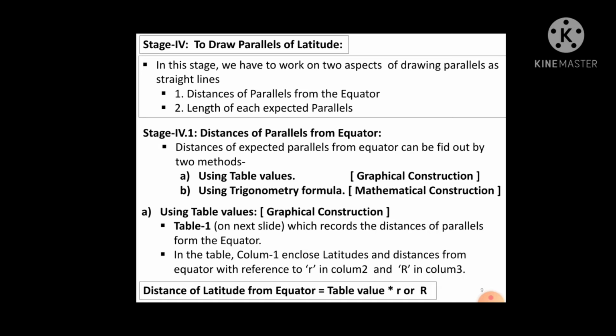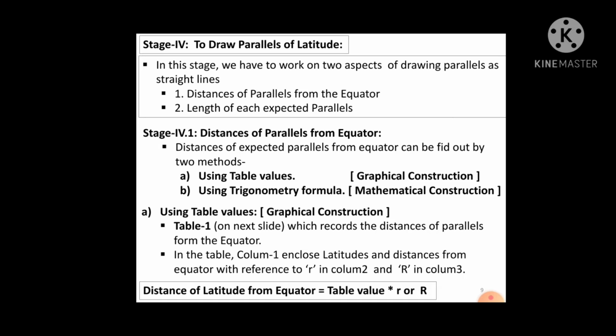The second approach is using the trigonometrical formula, which has been used by Mollweide very perfectly. That is the mathematical construction of the projection. Using those formulas you can also easily find the distance of latitude from the equator. We will discuss both.